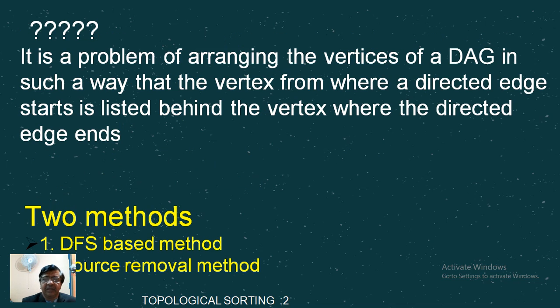As I told you earlier, it is a problem of arranging the vertices of a DAG in such a way that the vertex from where a directed edge starts is listed before the vertex where the directed edge ends.